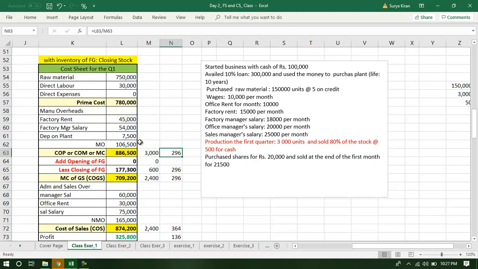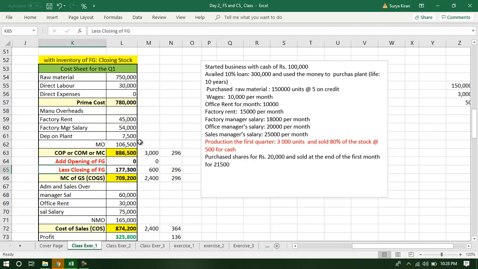Because there is an inventory, it is necessary to understand the impact of inventory. Cost of manufacturing, current manufacturing, add opening stock of the finished goods, which in this case there is no opening stock, it was not given, it's a new business.